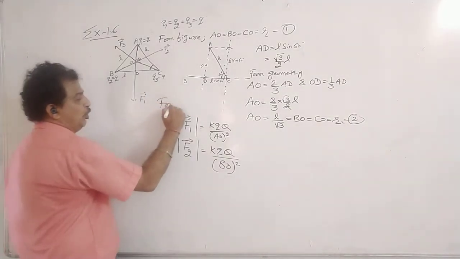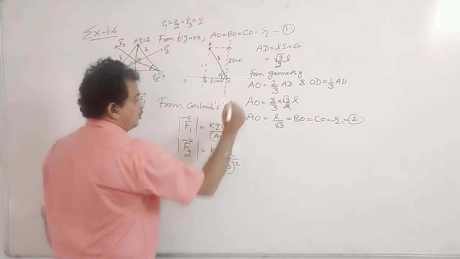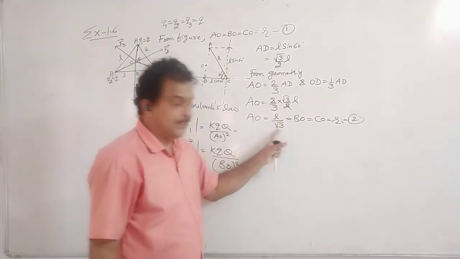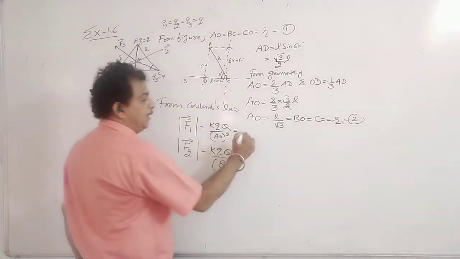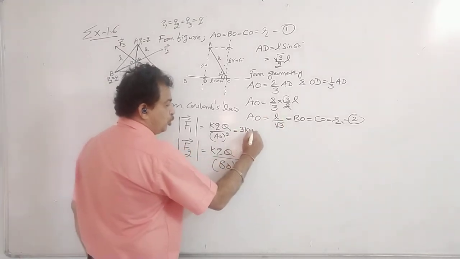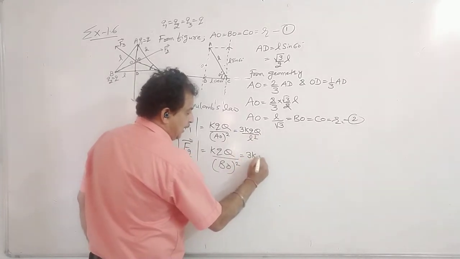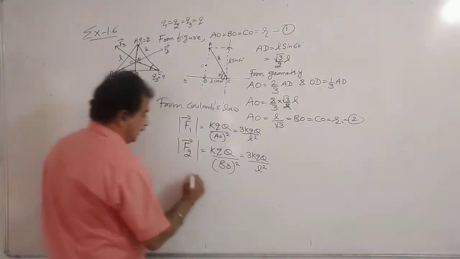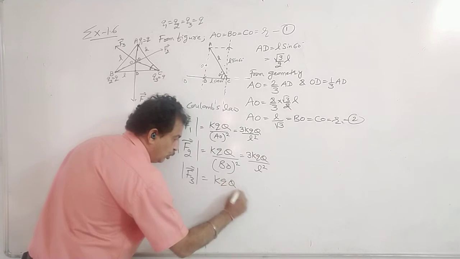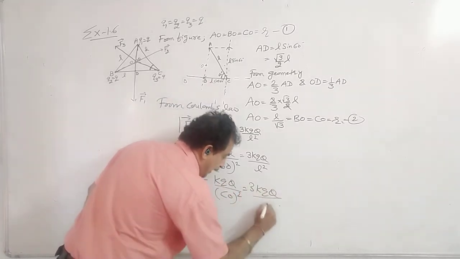Now from Coulomb's law, in the place of AO, I can write L by root 3, so AO square becomes L square by 3, so it becomes 3KQQ upon L square. Similarly, F3 is equal to KQQ upon CO square, that is 3KQQ upon L square.